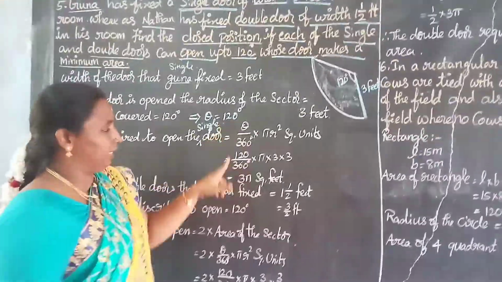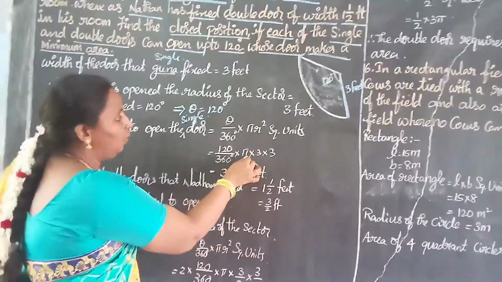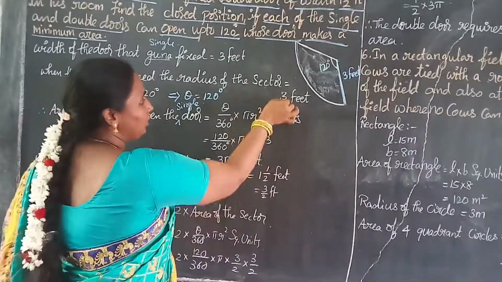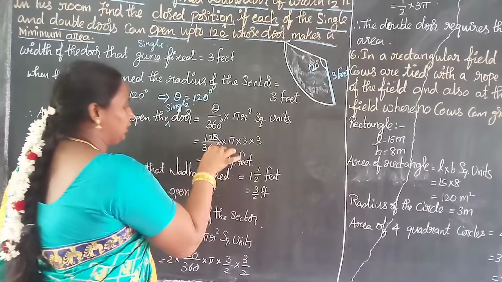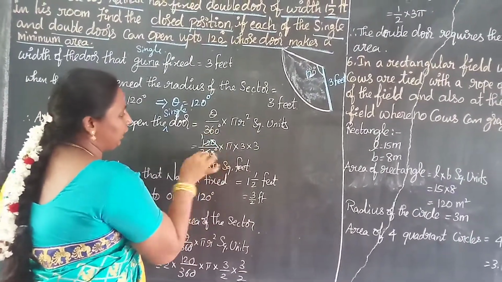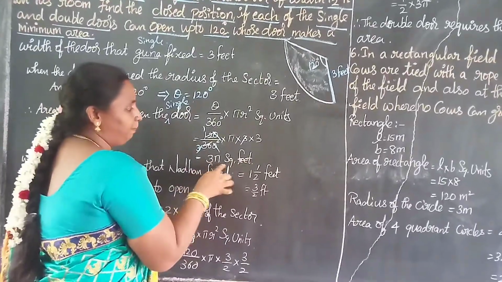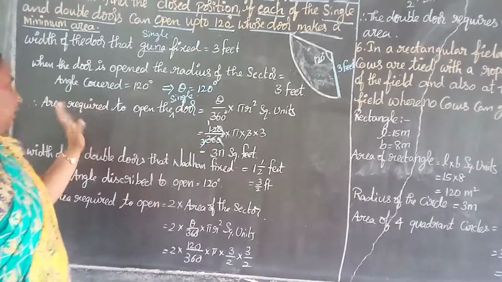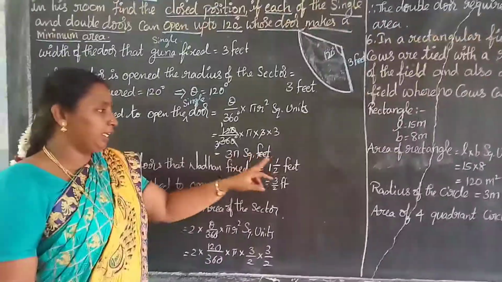The theta value they have given is 120 degree. 120 divided by 360 into pi, the value they didn't give, just write pi as it is. r is 3 feet, so r square is 3 into 3. Now cancel this. 12 ones are 12, 3 threes get cancelled. You will get the answer as 3 pi square feet. So the area occupied by the single door is 3 pi square units.